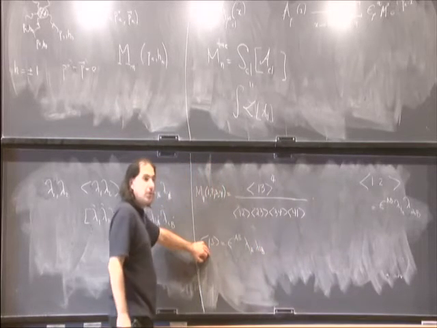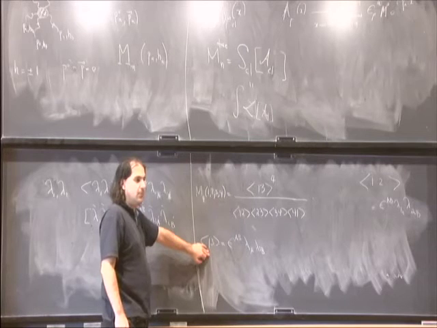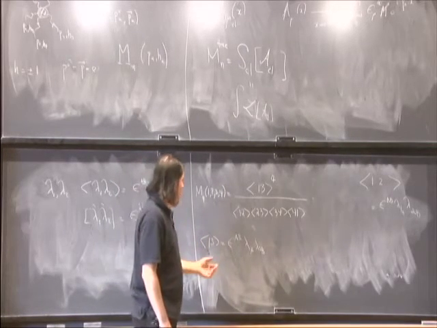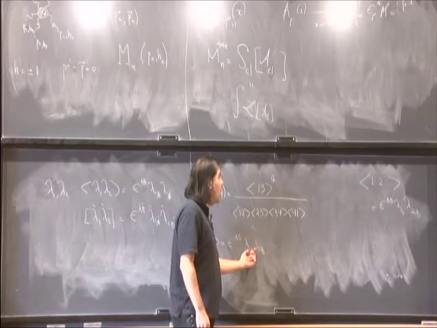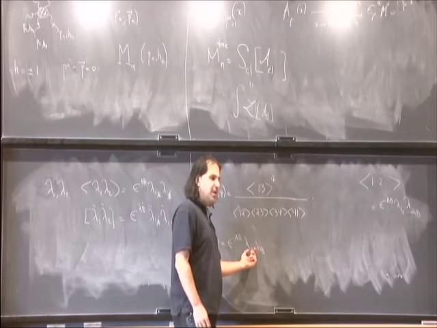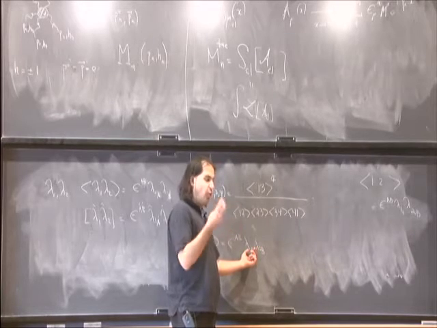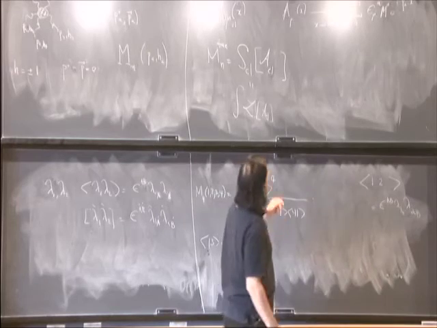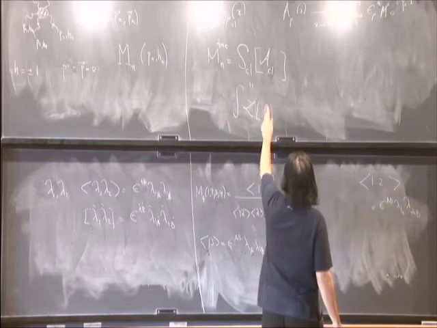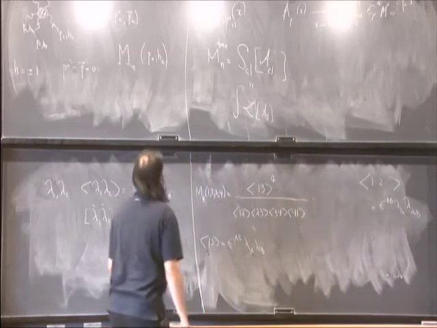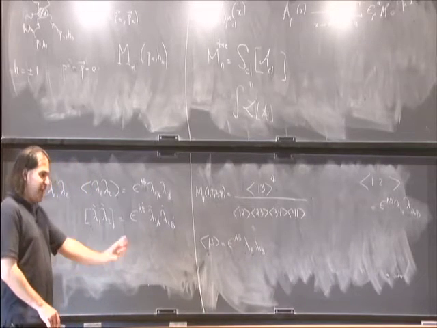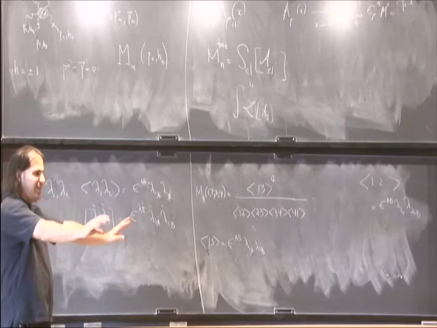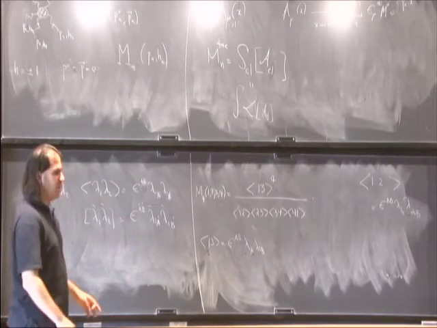So those are 8 complex numbers? Sorry, each lambda is a 2-dimensional vector. The lambdas are associated with the left copy of SL2, and the lambda tildes with the right copy of SL2.